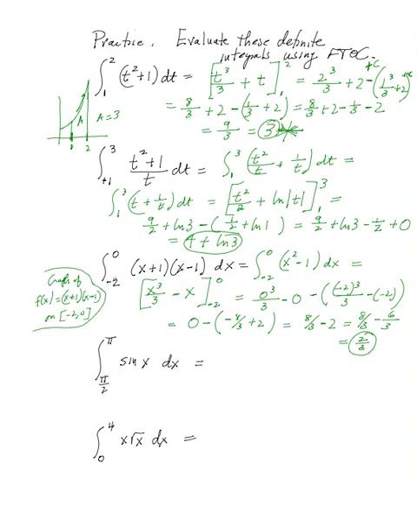Okay, do the next one, and be careful with the signs. Remember, derivative of sine x is what? Cosine x. Antiderivative of cosine x is sine x. Derivative of cosine x is negative sine.